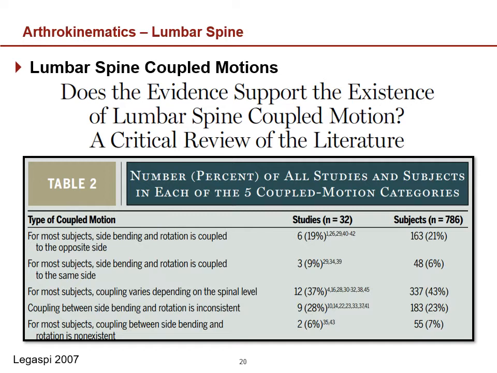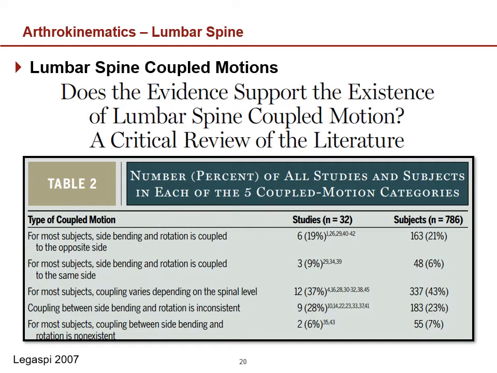And then for most subjects, coupling varies depending on the spinal level. And then coupling between the side bending and rotation is inconsistent, so essentially equivocal. And then for most subjects, coupling between side bending and rotation is non-existent.